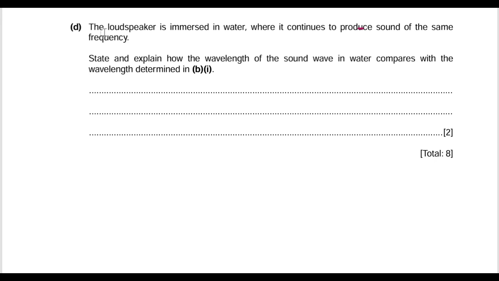Part D is saying the loudspeaker is immersed in water where it continues to produce sound of the same frequency. So the frequency of the sound is not affected whenever you put it into water. State and explain how the wavelength of the sound wave in water compares with the wavelength we have calculated above. The wavelength above was the wavelength in air, and now we have dipped this whole system into water.